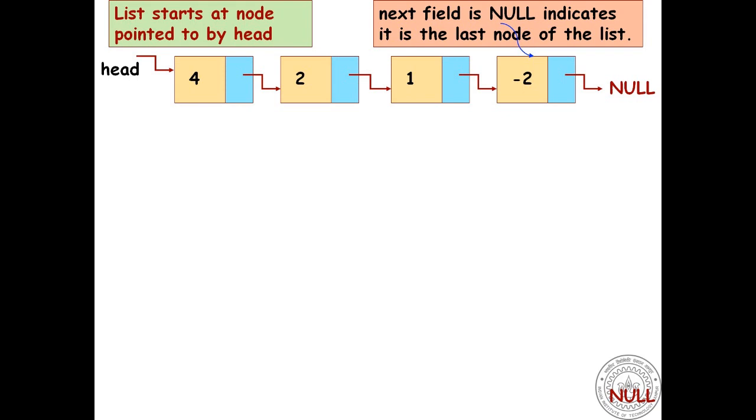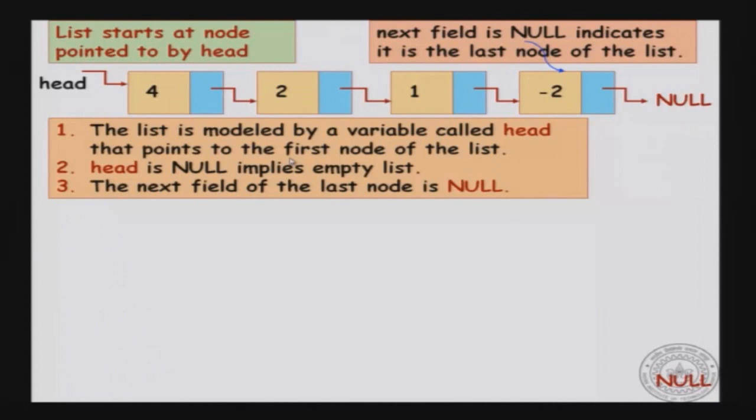So, once we have a link to 4, we can always go from 4 to 1 to 2 and so on. The list is modeled by a variable called the head that points to the first node in the list, and if the head is null, then the list is empty. Otherwise you have a bunch of nodes, and once we reach a node with the next field null, that is the last node in the linked list.